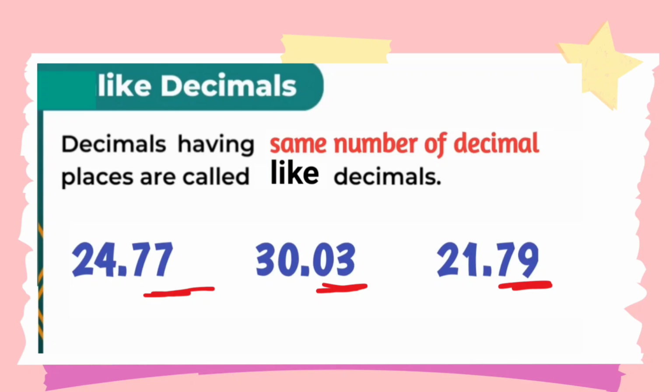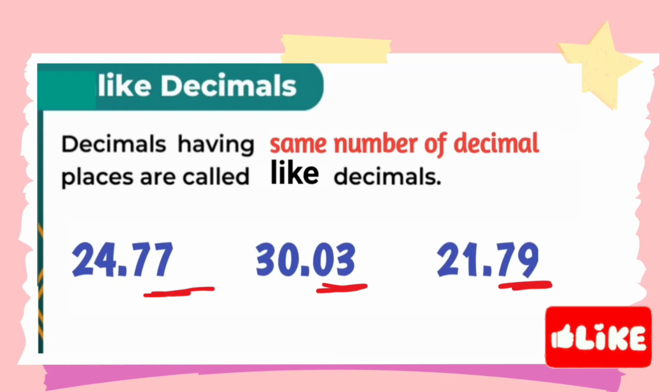In 30.03, here also has two decimal places. In 21.79, this number also has two decimal places. So these three decimal numbers possess the same decimal places. So these decimal numbers are called like decimals.